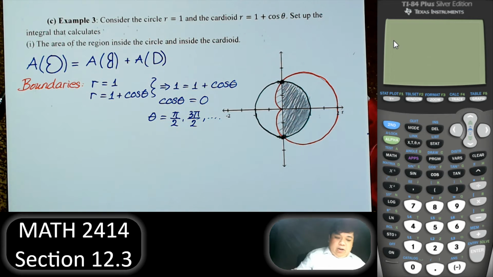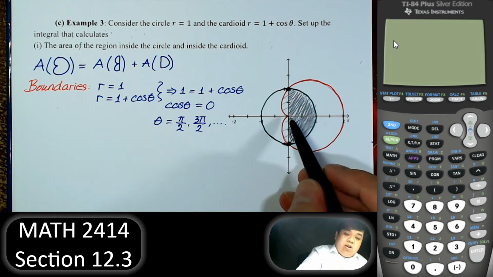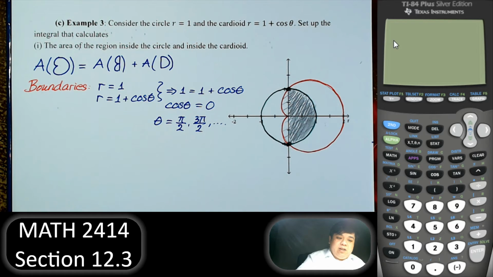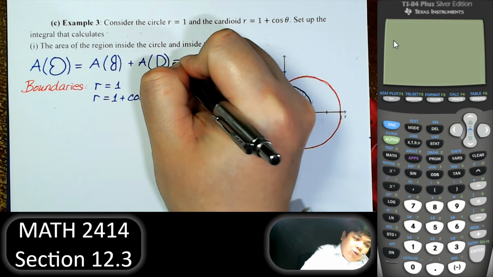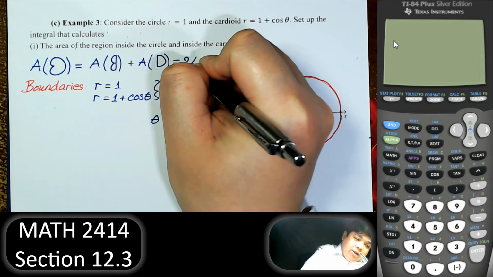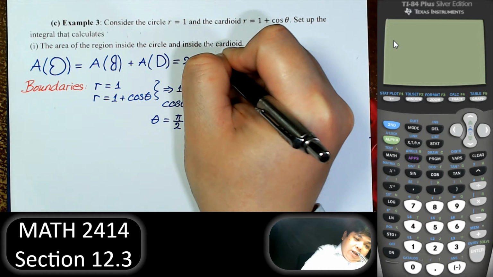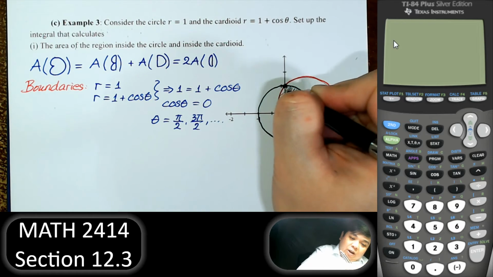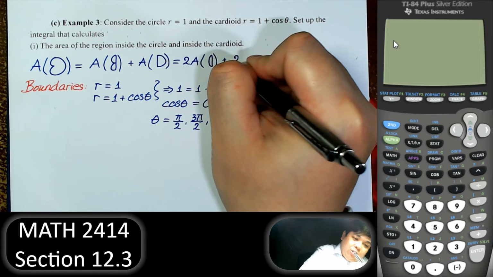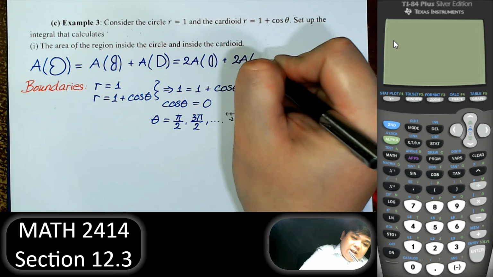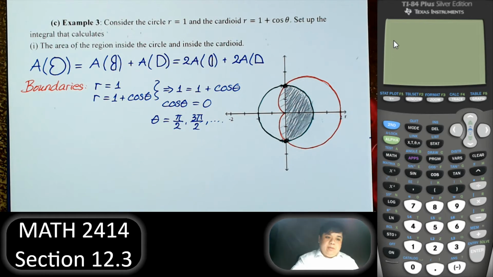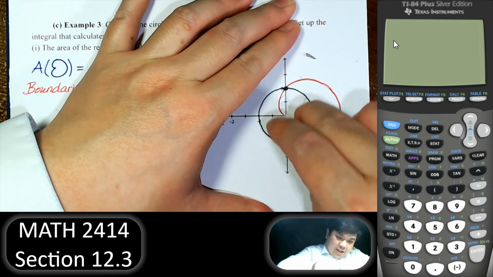When we find the area like that, notice that because of the symmetry, we can cut everything in half. So in that case, we have 2 times the area of only the upper half, and then 2 times the area of the upper quarter. So what I'm talking about is this.